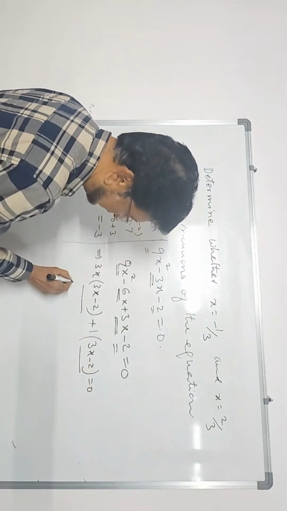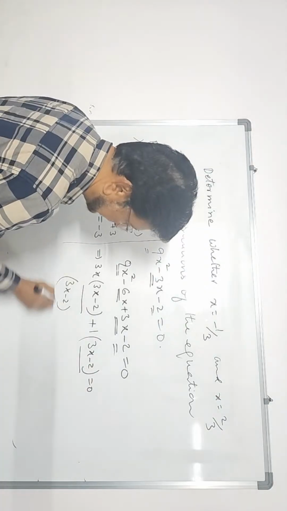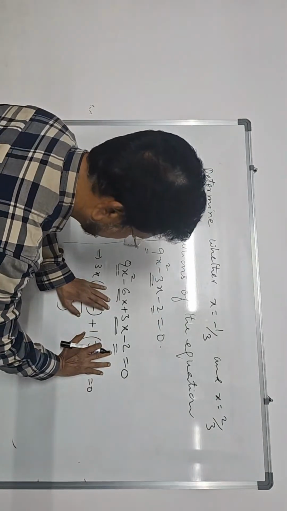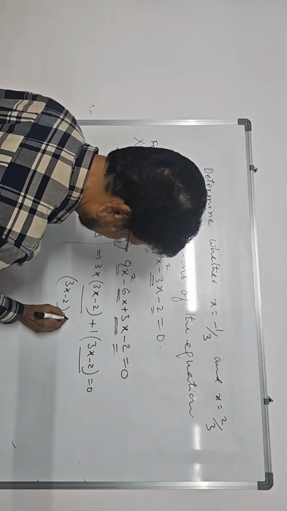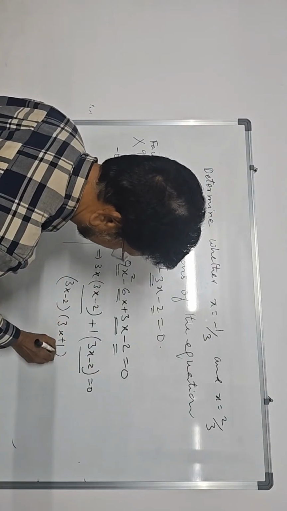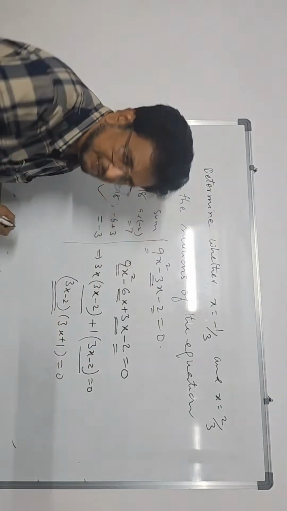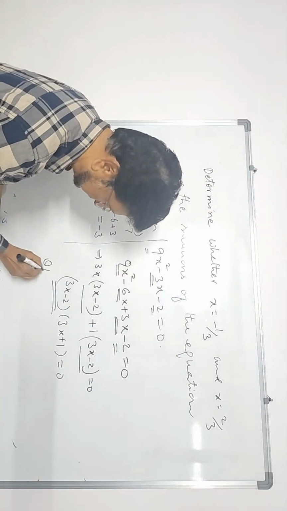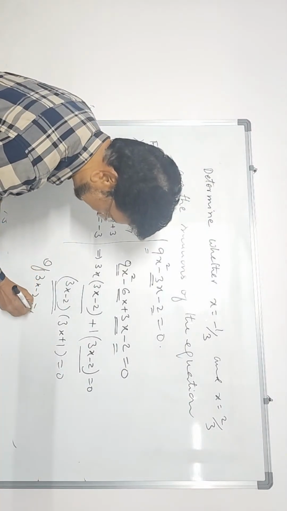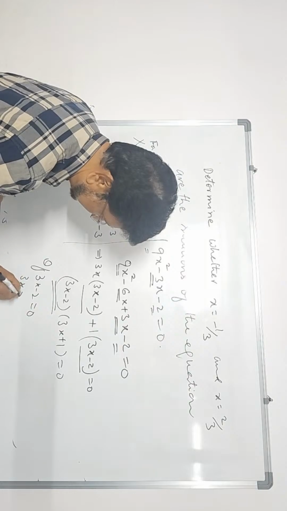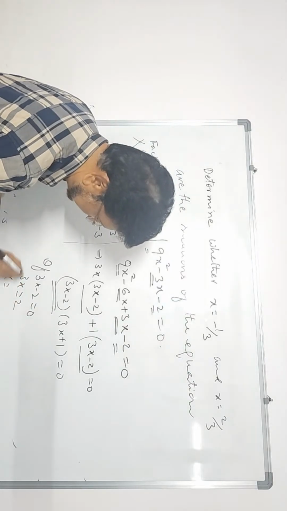Again this you take common. If you take this common, what will be left? 3x plus 1 is left. If you take it equal to 0, you will get the first value of x. 3x is equal to 2, x is equal to 2 by 3, taking 3 to that side.